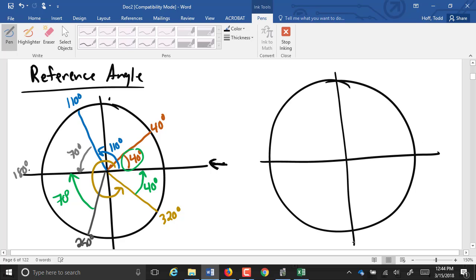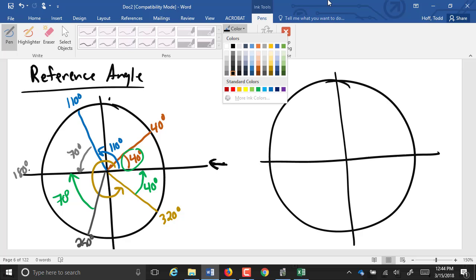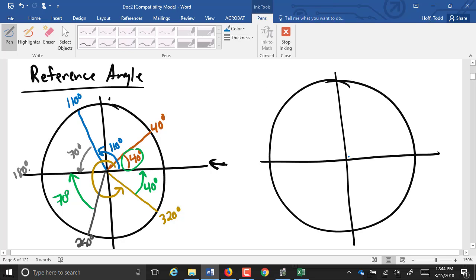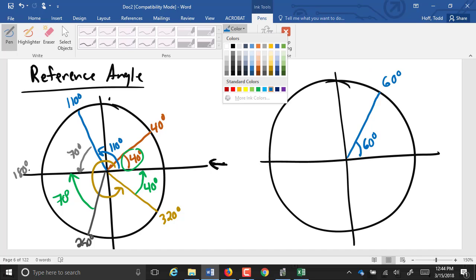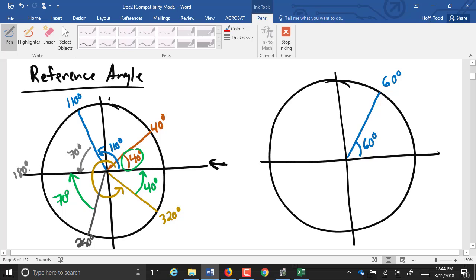Well, we're going to throw out some angles here, and we're going to look at the reference angles. I'm going to start with 60 degrees. What is the reference angle for 60 degrees? 60. Somebody on your calculator find the sine of 60 degrees for me. 0.866 is correct.